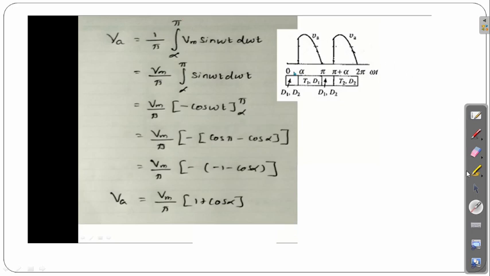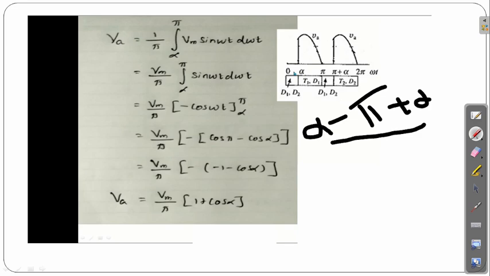Whereas in the full controlled rectifier it is alpha to pi plus alpha. But here it is alpha to pi. Why? Because here there is no waveform over here, there will be no value, so we don't take that part. For that we take alpha to pi.